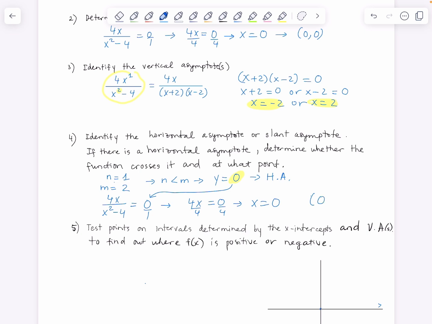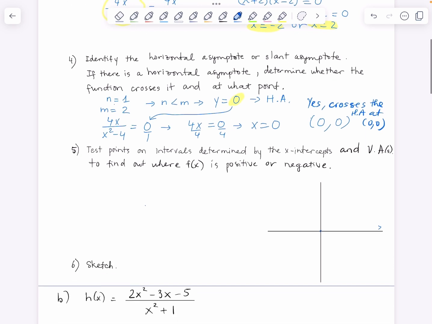So the x-coordinate would be 0 and the y-coordinate would also be 0, because remember, we let the function be 0. So we're going to answer here that yes, the graph crosses the horizontal asymptote at the point (0, 0).